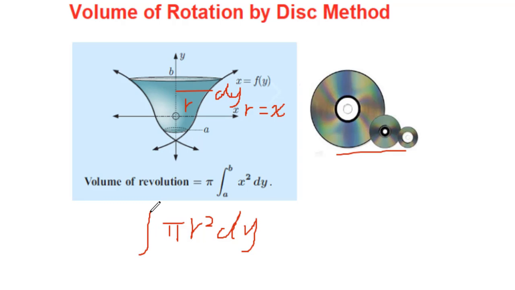It will be the integral from A to B. Then, substituting x for r, you will get the integral from A to B of pi x squared dy.